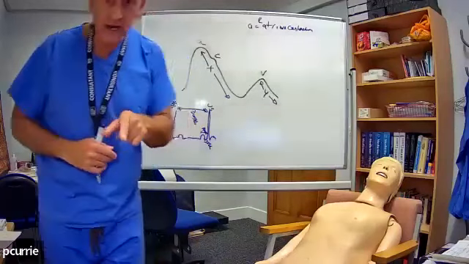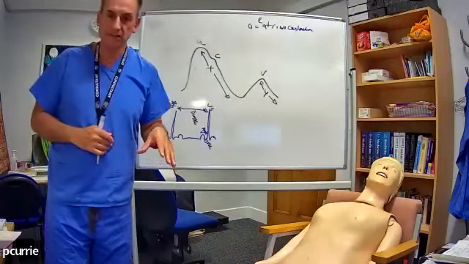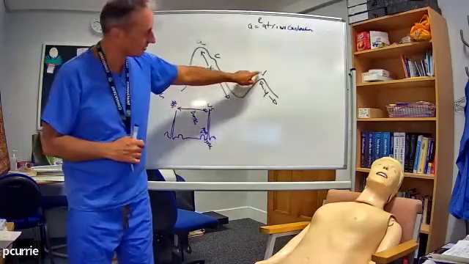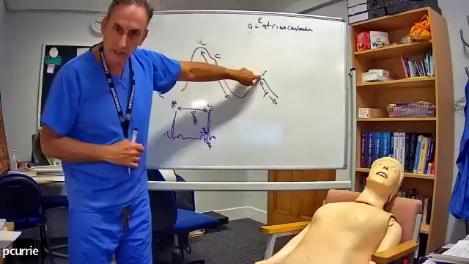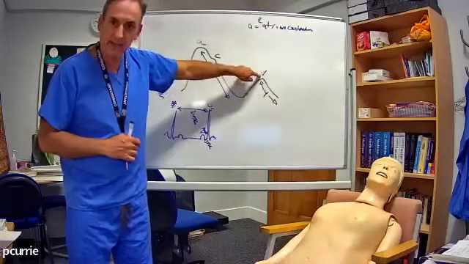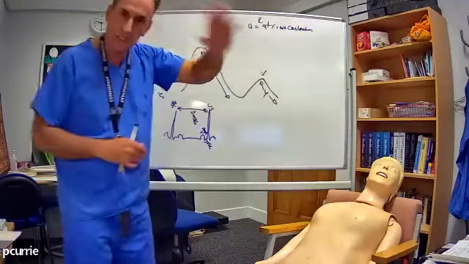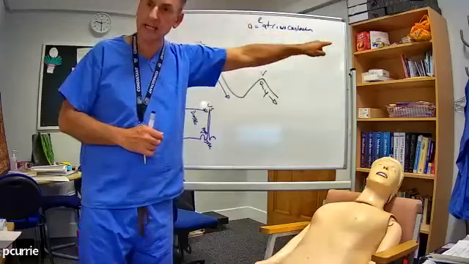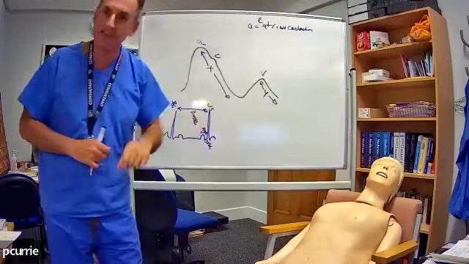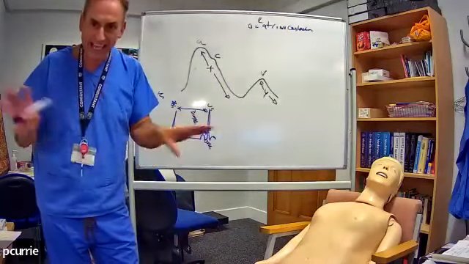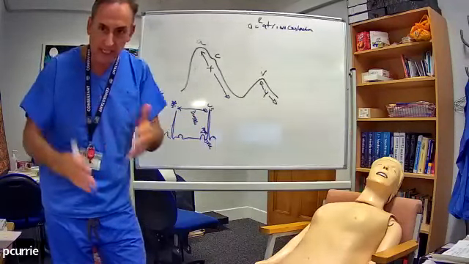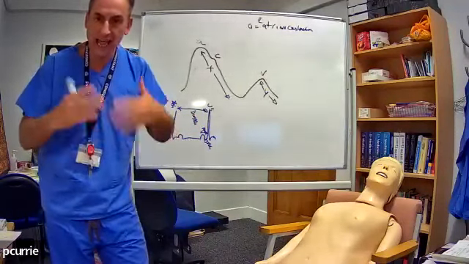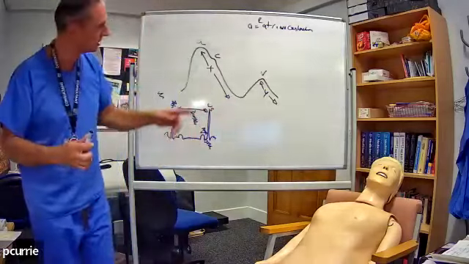And this is where the JVP becomes difficult, because they chose to call this second wave the V wave. And people always think, well, if the A wave is the atrium contracting, the V wave must be the ventricle contracting. But that is wrong. That's where it starts to get really confusing, and it's confusing for medical students.